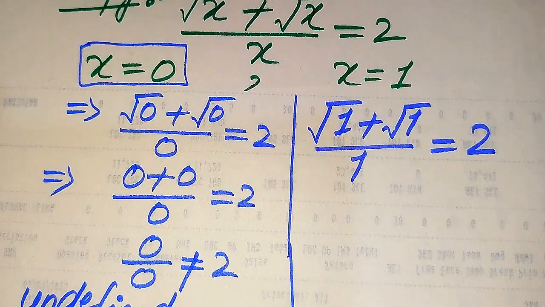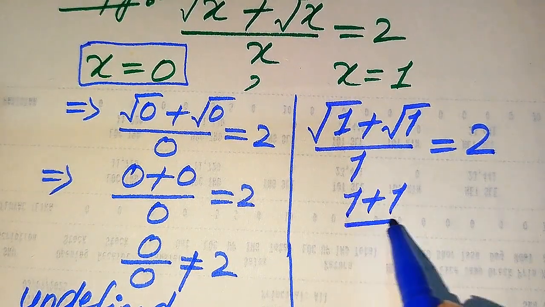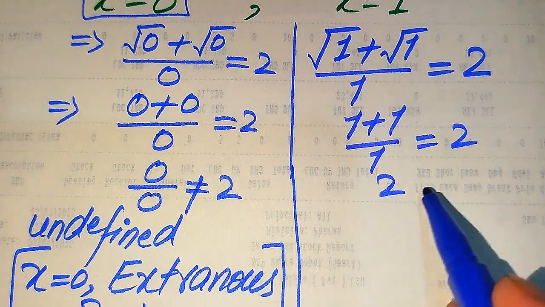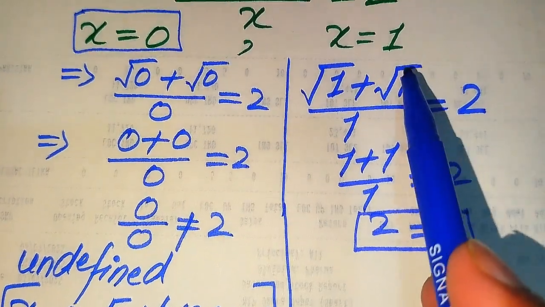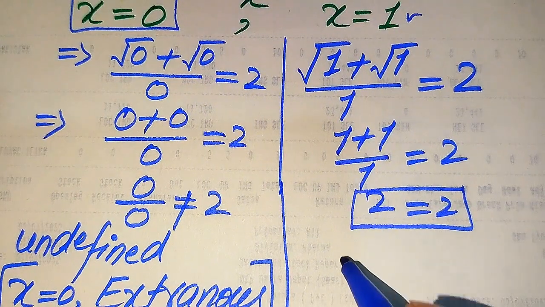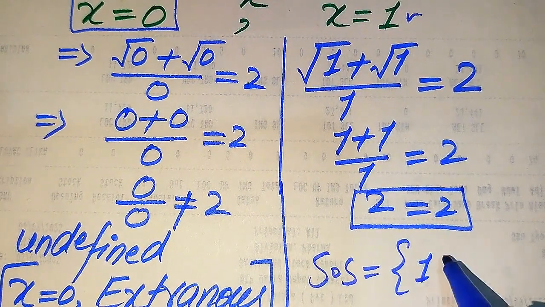This is our claim, and we know that square root of 1 becomes 1, so 1 plus 1 divided by 1 equals 2, and this will be written as 2 equals 2. This shows that the value x equals 1 satisfies our given question statement. So x equals 1 is the solution set of the given equation.